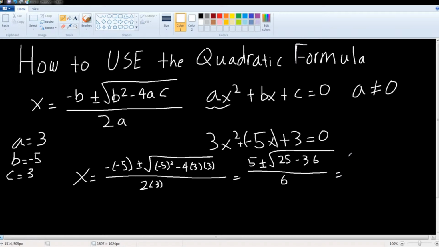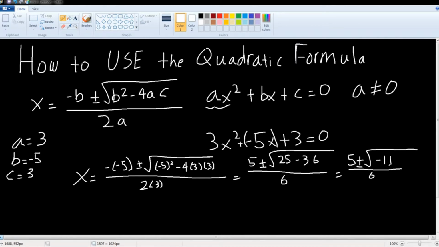So now we need to simplify this even more. So in the numerator we have 5 plus or minus the square root of 25 minus 36, which is minus 11, all over 6. So since we have a negative number inside the radical, that means the answer we're going to get is going to be complex.